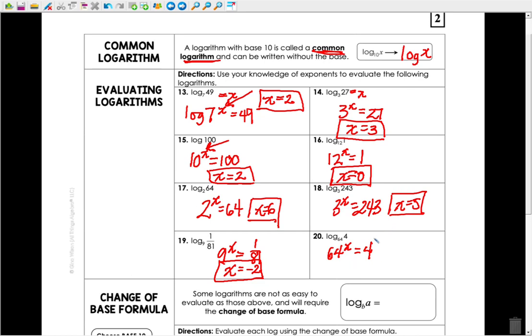Well, I know 4 to the third power gives me 64. So that means I would have x to the 1/3 power to give me 4. And if you ever check that, you would just take your x here and put 1/3 in the calculator, and 64 to the 1/3 power would give me 4.